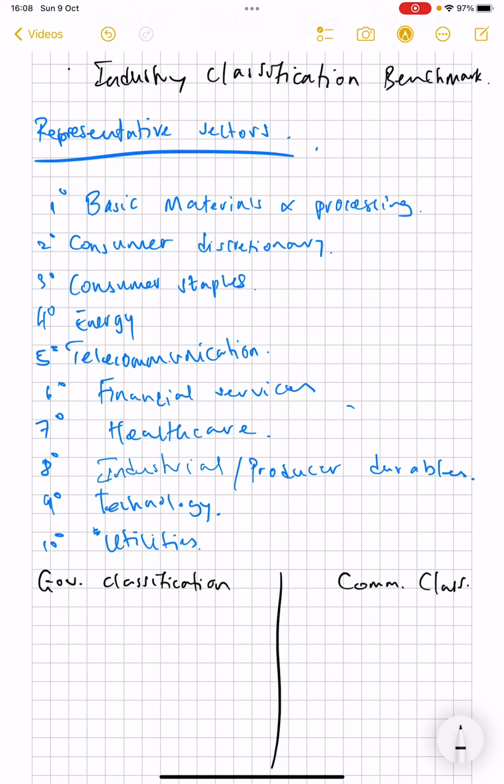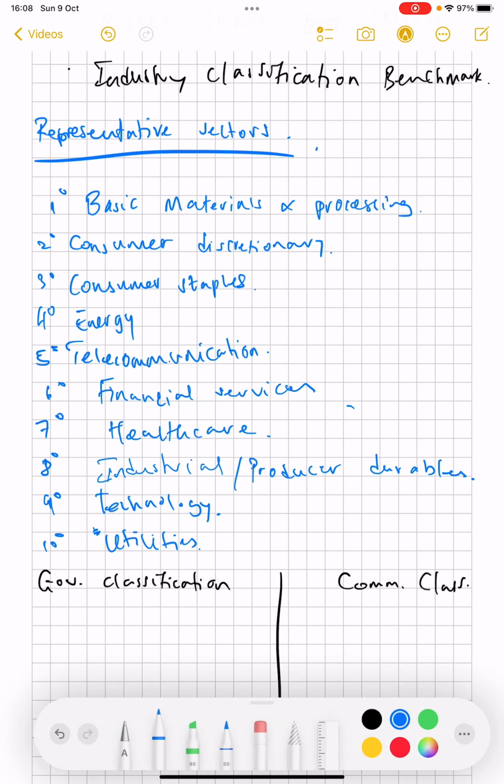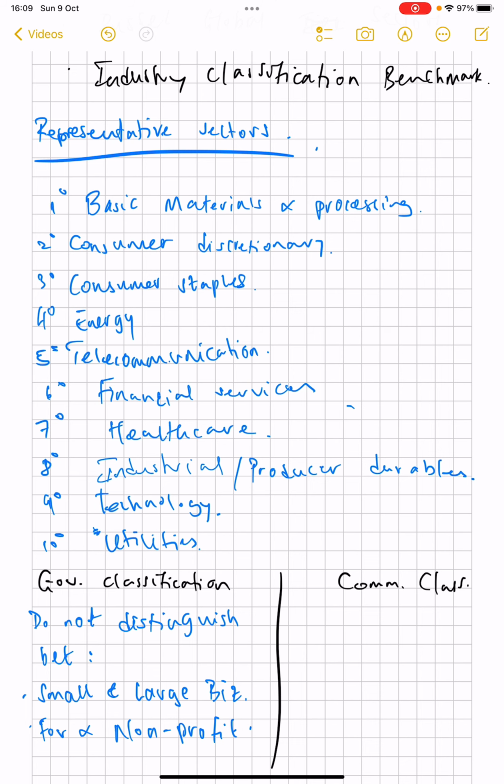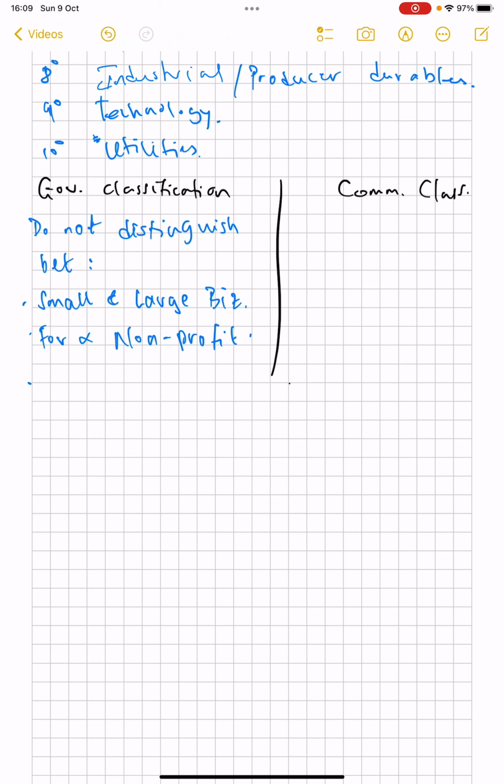So you will see that a government classification does not distinguish between small and large business, for-profit and non-profit, and public and private.